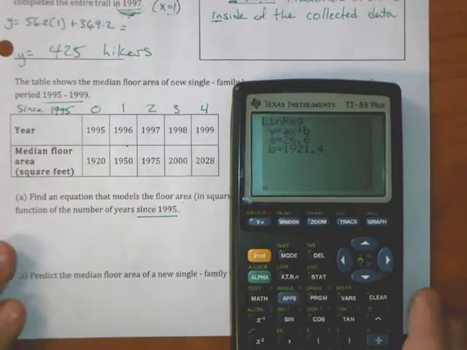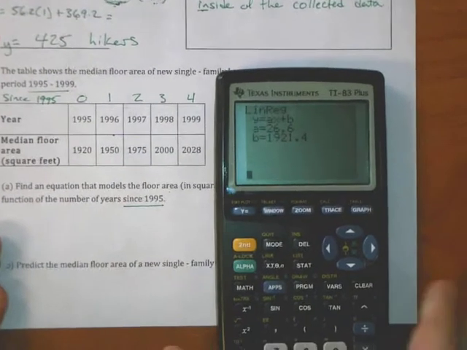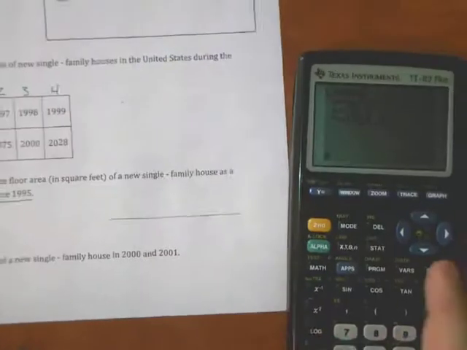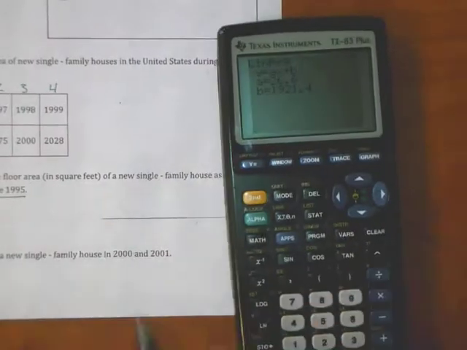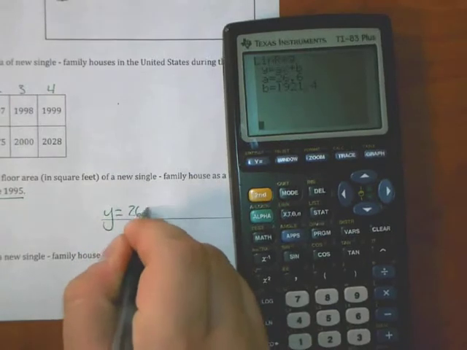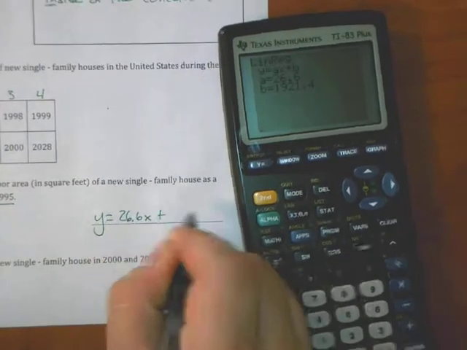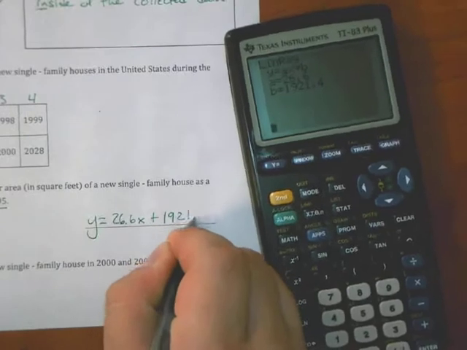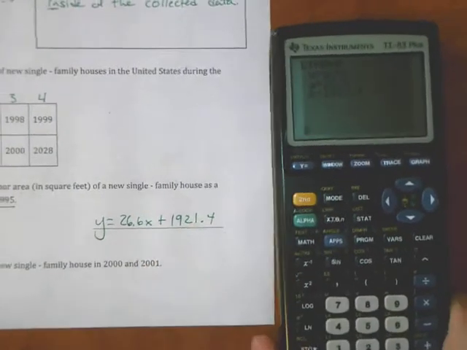So hopefully you have your linear regression. Let's write the equation of our line. Our line is y equals 26.6x plus 1921.4.